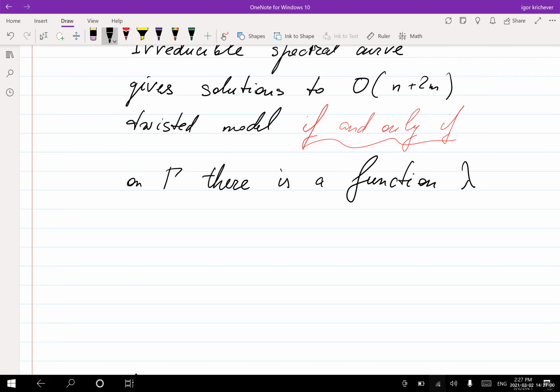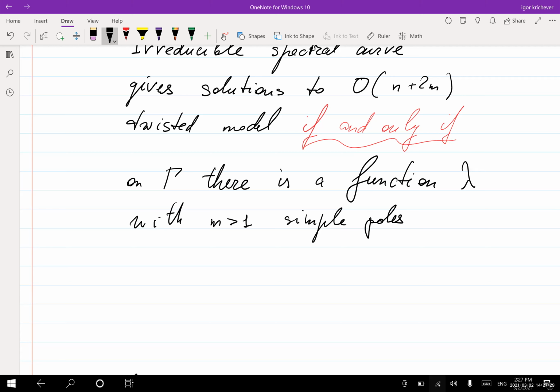I call it lambda because probably it's the same lambda as in the Hitchin approach. In a way, we defined the Fermi curve.